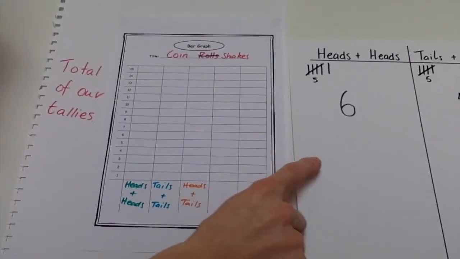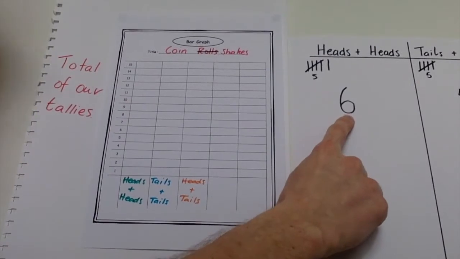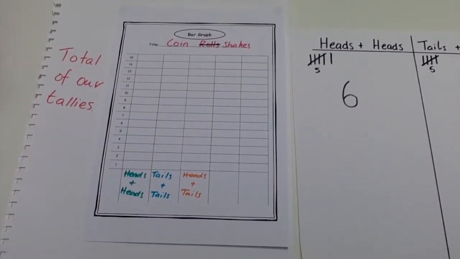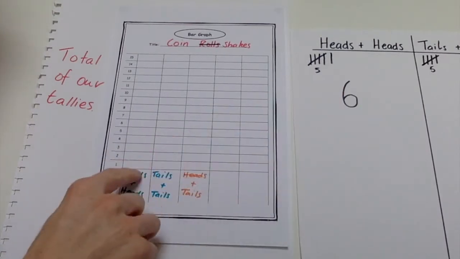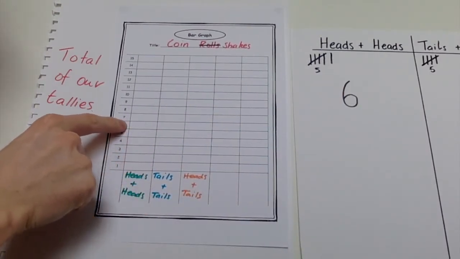So in our first one you can see, heads and heads, that we recorded 6, didn't we, okay? So you need to grab the same colour that you wrote it in. Then you need to colour in 6 boxes, okay? Up to 6.